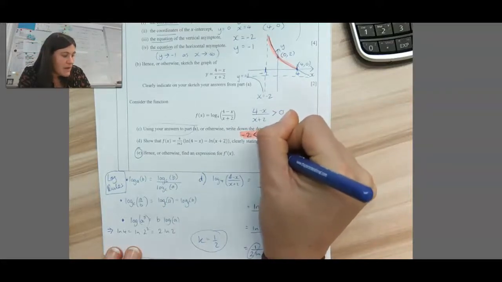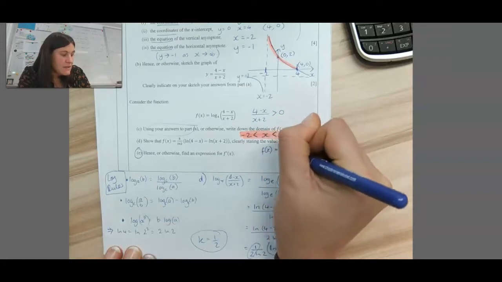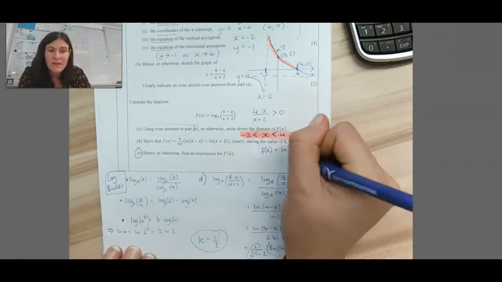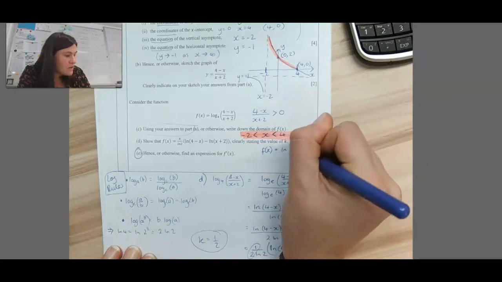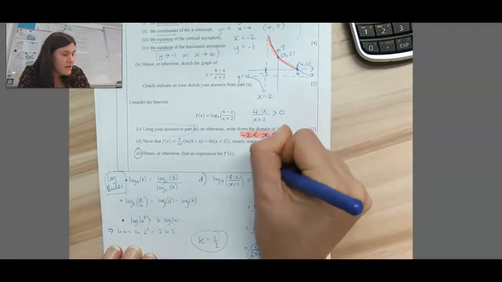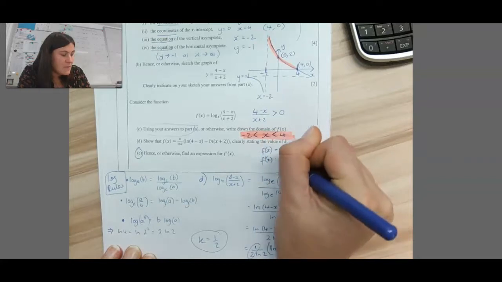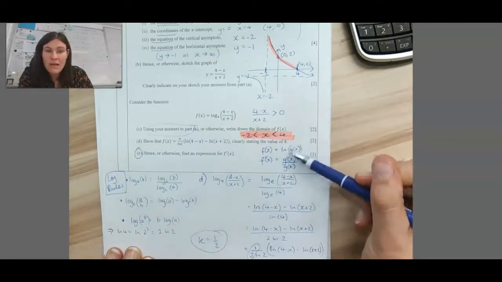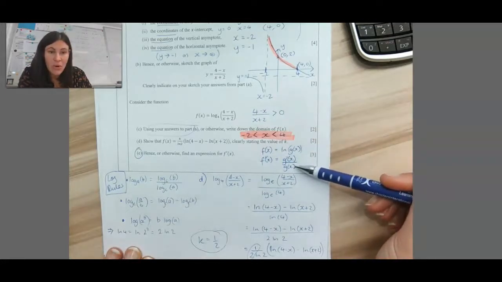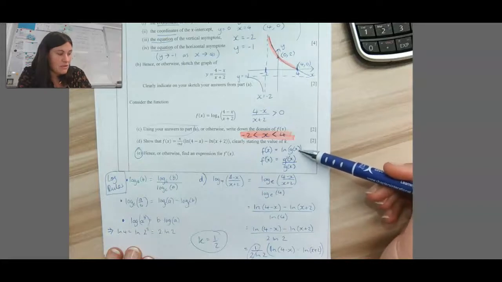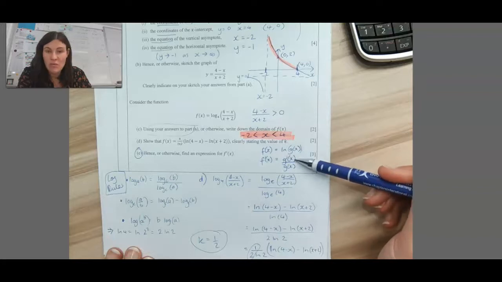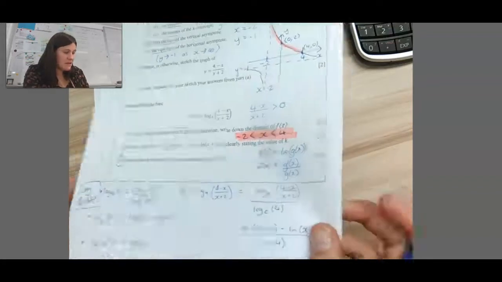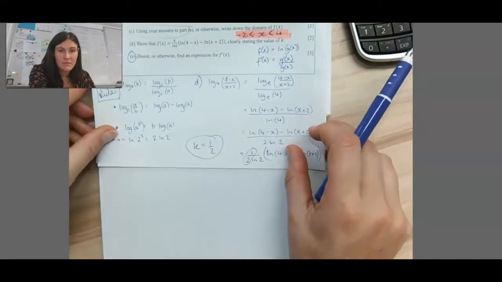Remember, if f of x is ln of a function, I'll use g of x, then f dashed of x is g dashed of x over g of x. So when you differentiate something with ln in, your answer doesn't have ln in anymore. It's just got the function that was there on the denominator and the derivative of that function as the numerator. Let's get a plain bit of paper to do this.